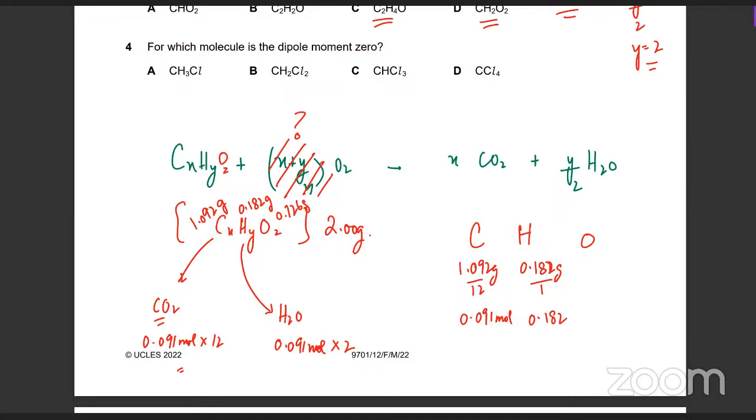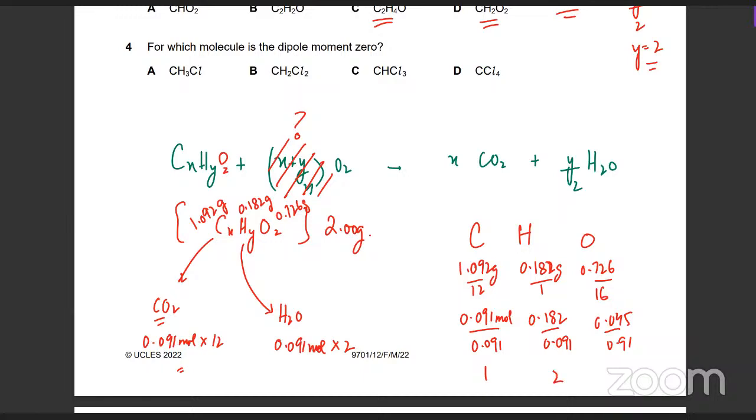And then you have oxygen. Oxygen has a mass of 0.726. Divide that by 16. What do you get? 0.045, right? I should divide everything by the smallest. Which one is the smallest?